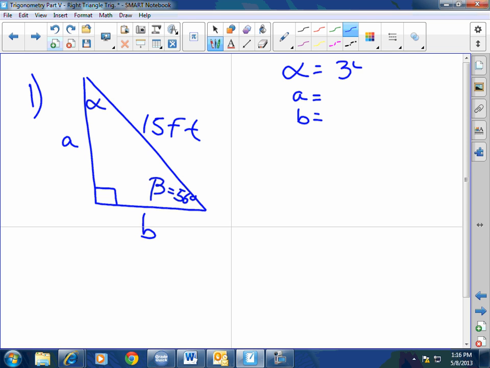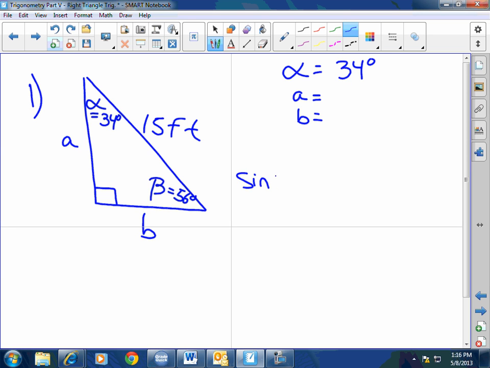34, good job. Okay. 180 minus 90 minus 56, 34. Great job, guys. Okay. Now, how can I find A, and from what angle do you want to find A from? I don't care. These are choices you need to figure out. Okay, so let's go from 56. Who do you want to solve for first? A or B? Okay, I heard more A's.